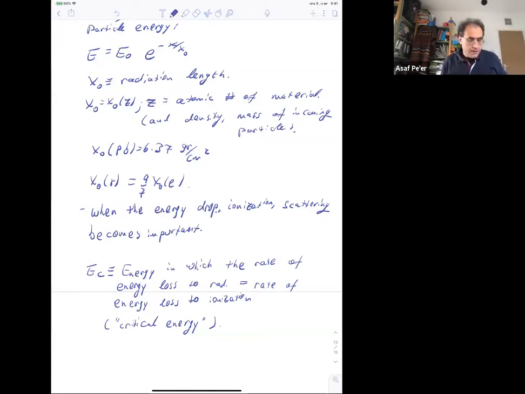So if we take a simple model, we can calculate how many generations the cascade will be.